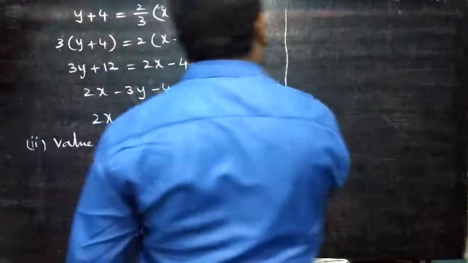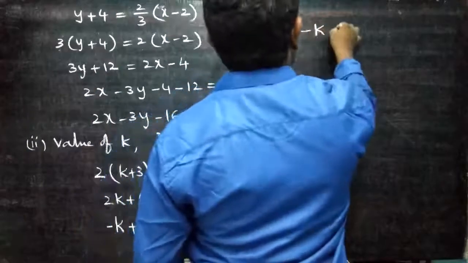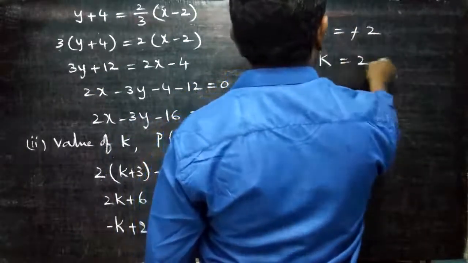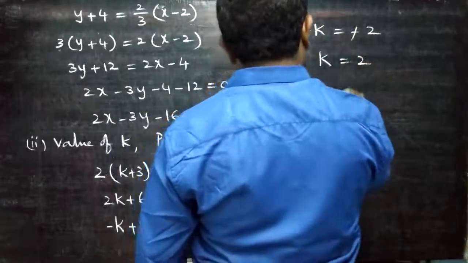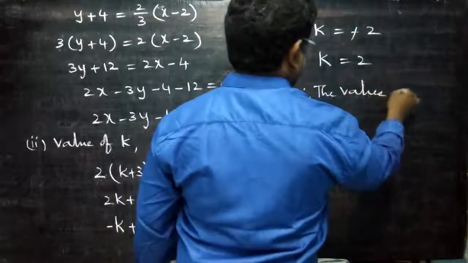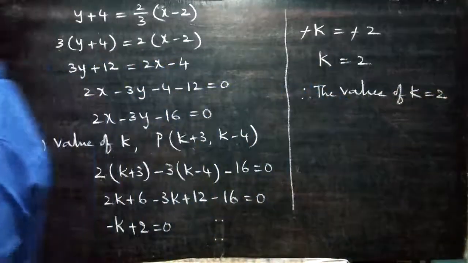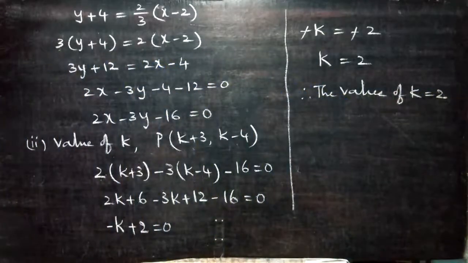Now minus k is equal to minus 2. Minus minus get cancelled. k is equal to 2. Therefore the value of k is equal to 2. That is the way of solving this problem.